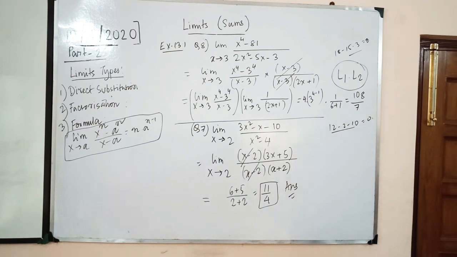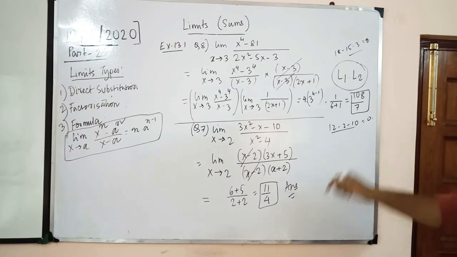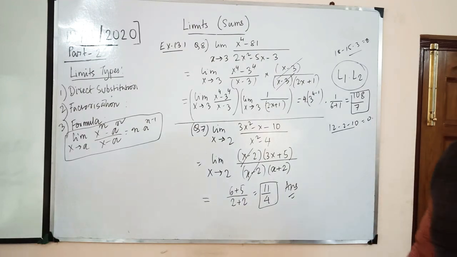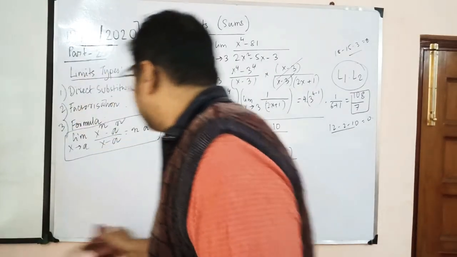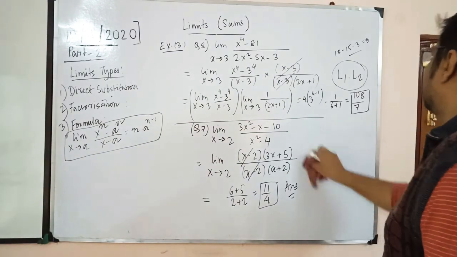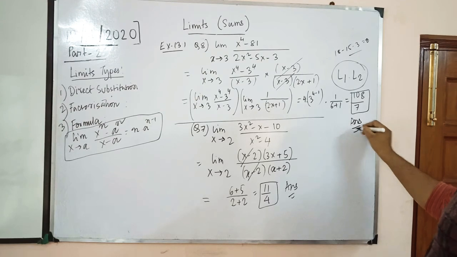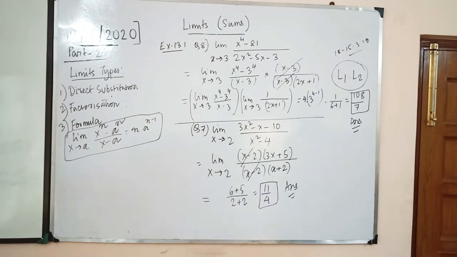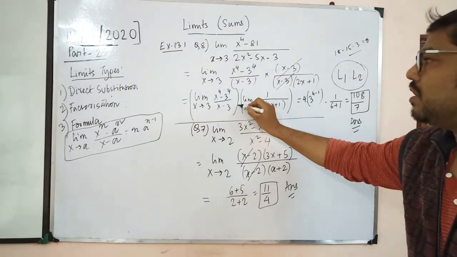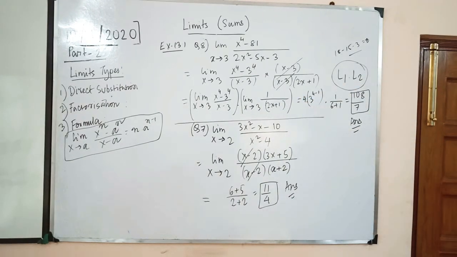Okay. So this is the answer over here. Please understand this thing. So I broke up into L1 dot L2, applied limits on both the functions, and I got the answer.